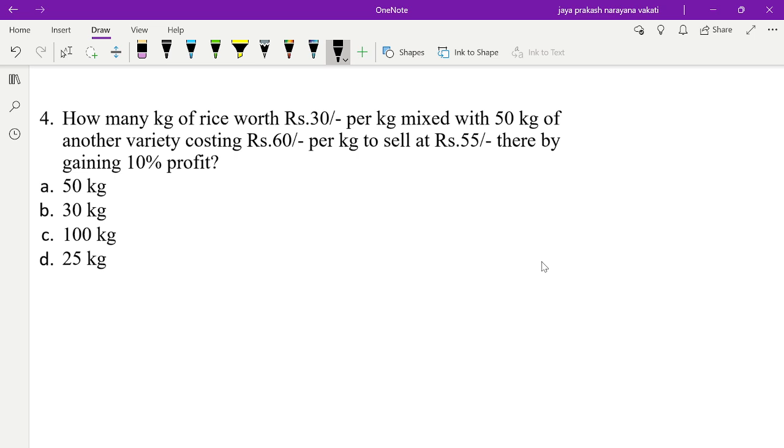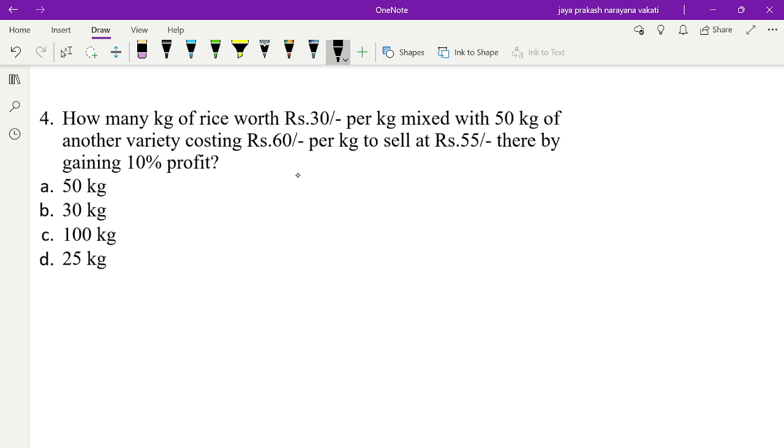So here it is given: how many kg of rice worth 30 per kg must be mixed with 50 kg of another variety costing 60 per kg, to sell at 55 per kg, thereby gaining 10% profit? Simple, guys.